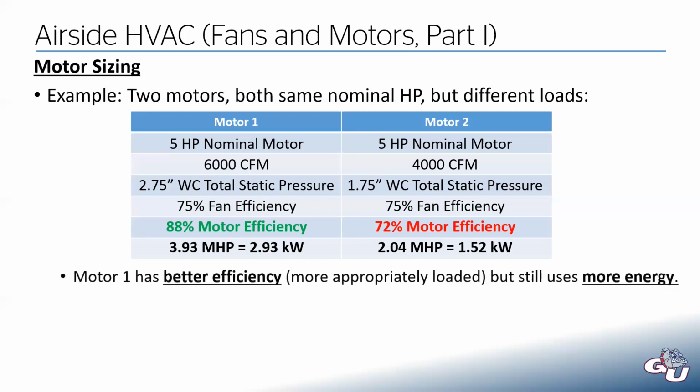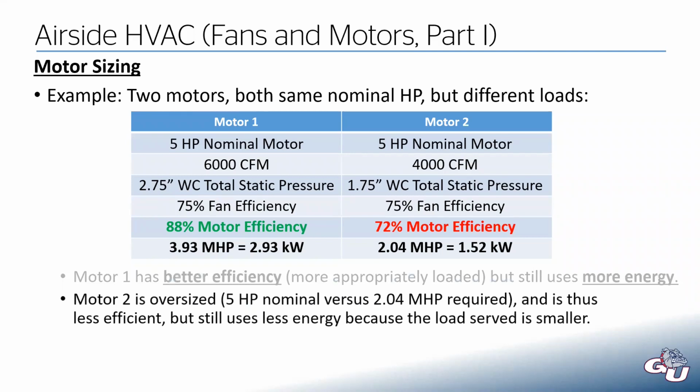Motor 1 has better efficiency. If you're just focused on the efficiency part of that equation, yeah, it is more efficient. But because the load it's serving is greater, more air and more static pressure, it's still going to use a lot more energy, almost twice as much.